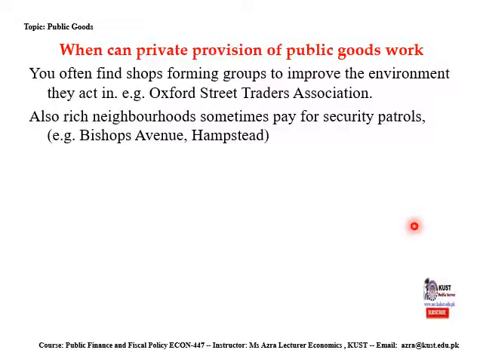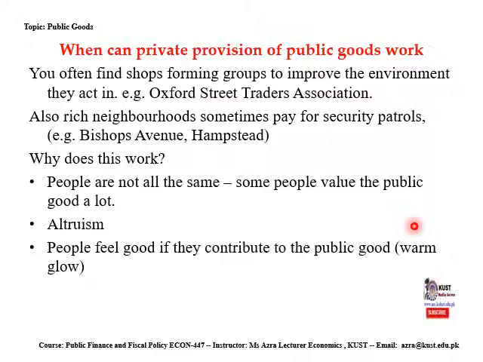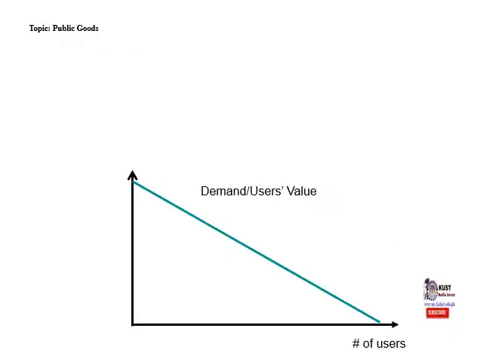Why does this work? People are not all the same. Some people value the public good a lot. Altruism: people feel good if they contribute to the public good. Warm glow.